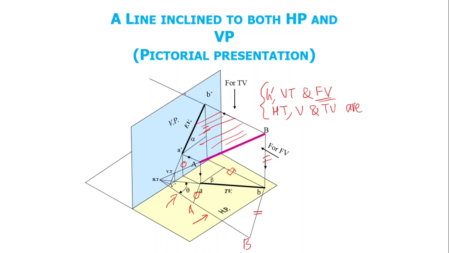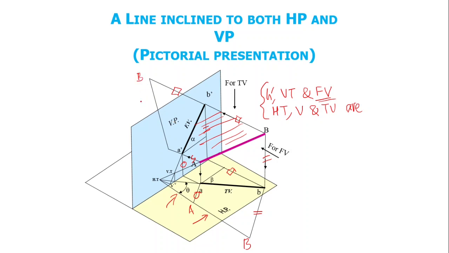Then we represent this distance here, which is the same as that one, and similarly we represent this distance here. Connecting those two end points, we get the true length like this.